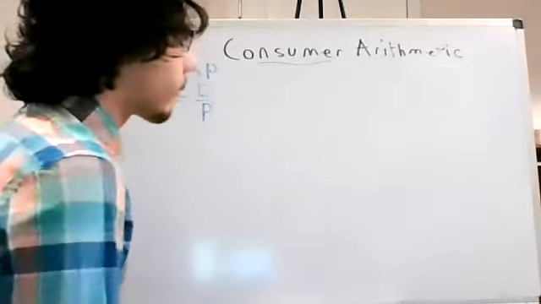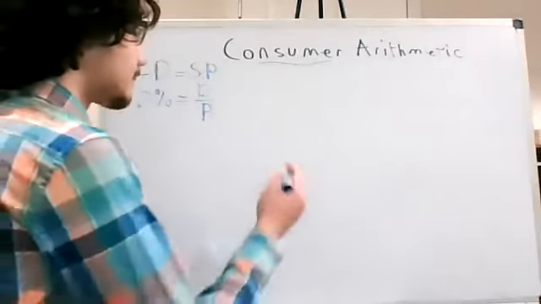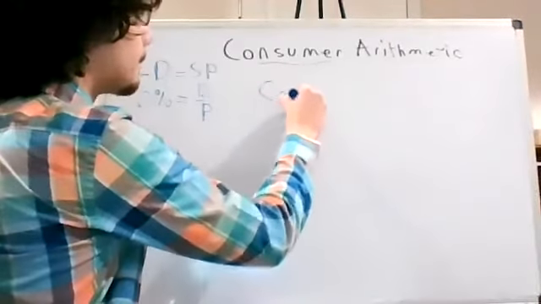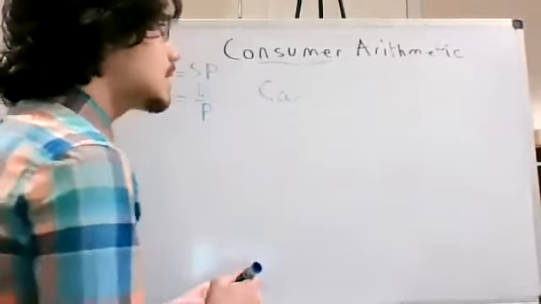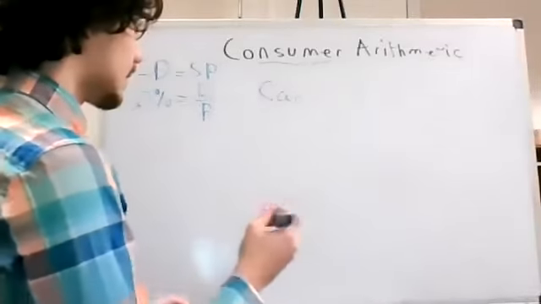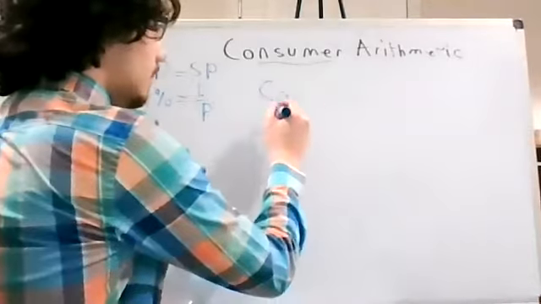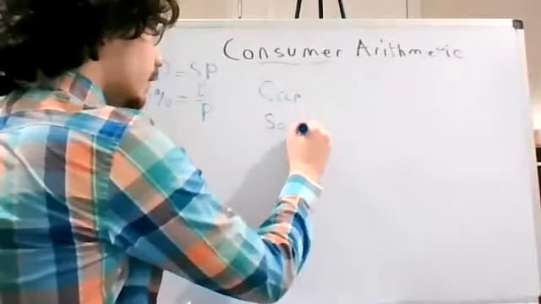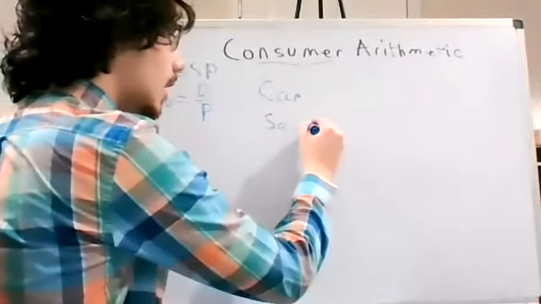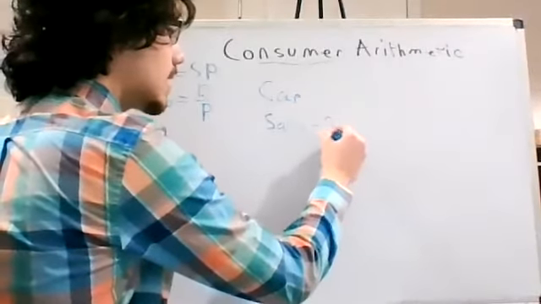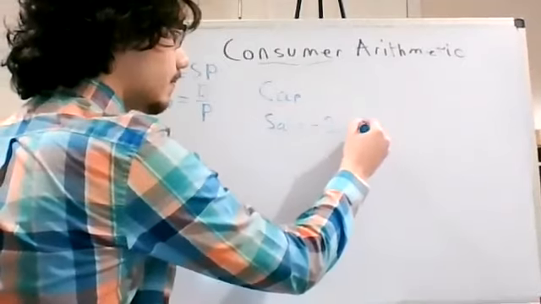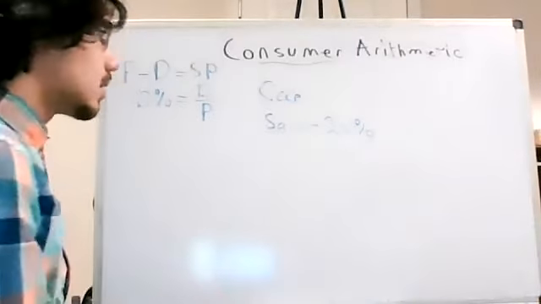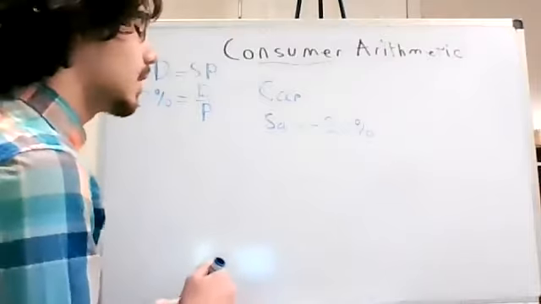a car. Let's say a car that was on sale. So the car was on sale for 20%. So 20% off a car, a toy car.